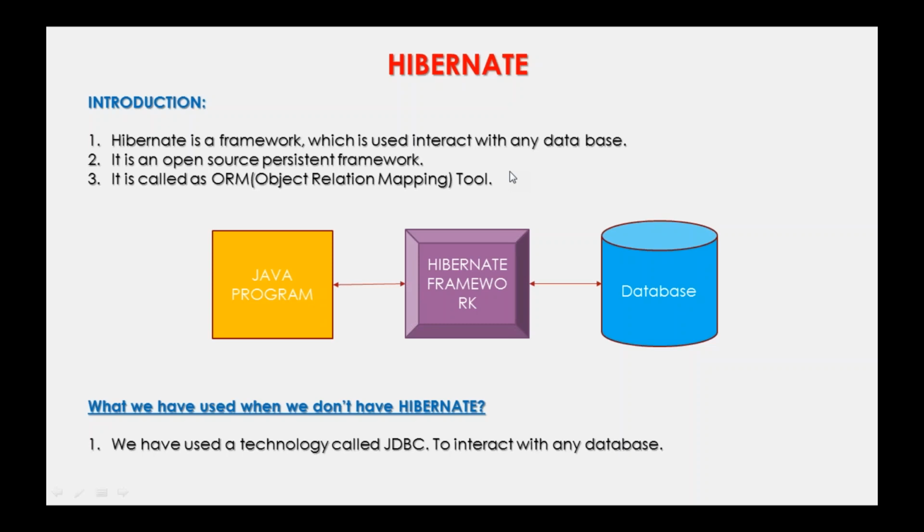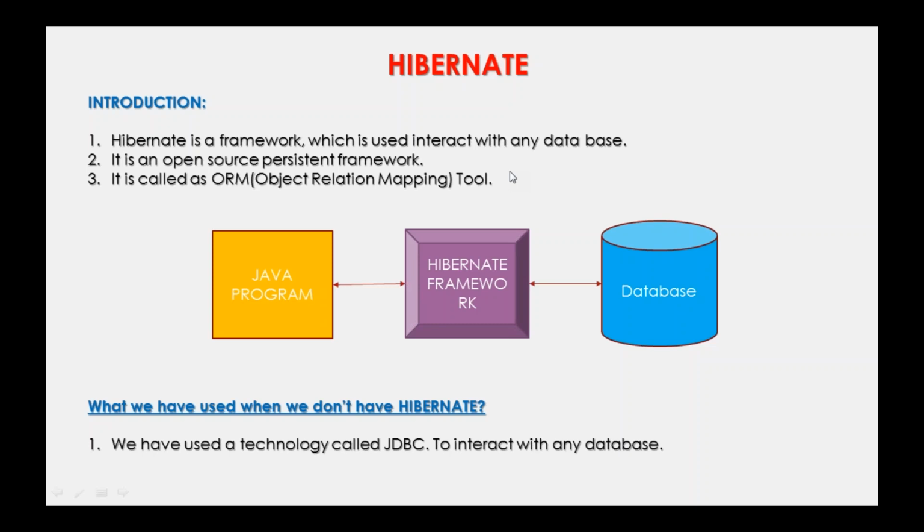At the time of learning the IO streams concept, we discussed a concept called persistent object. What is that persistent object? A persistent object is an object which can be stored permanently. If you store an object in a file, that is called a persistent object.